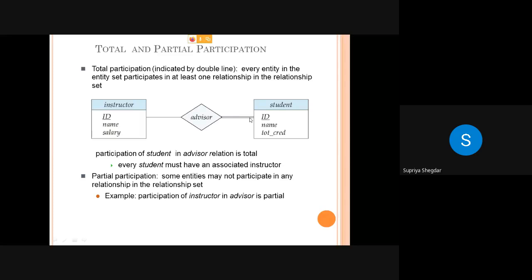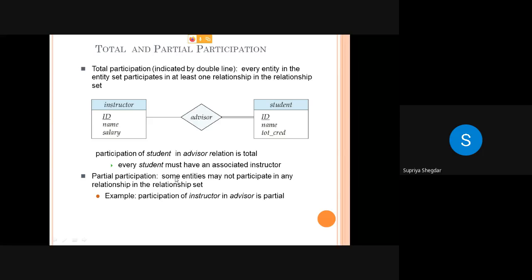So here the participation is the total participation. And partial participation means what? Partial participation is nothing but when some entities may not participate in the relationship, and it is called partial participation.